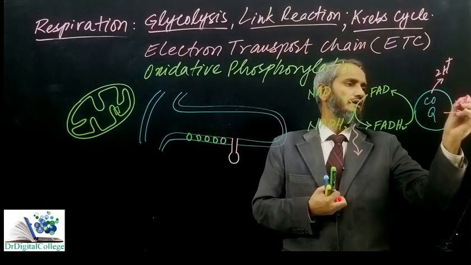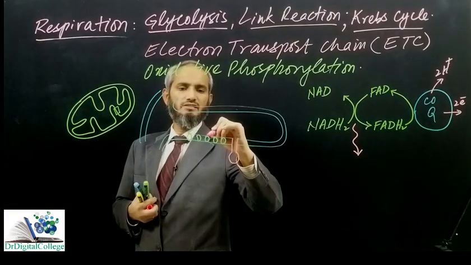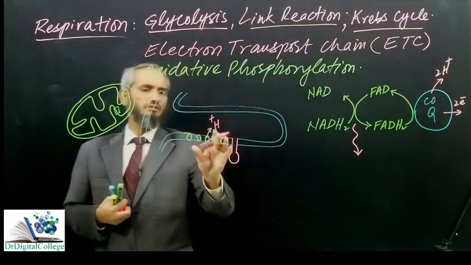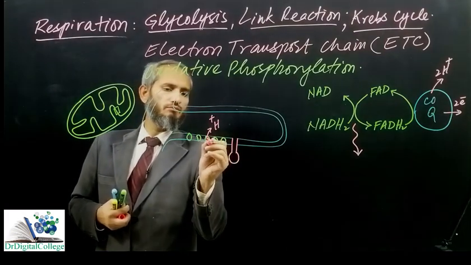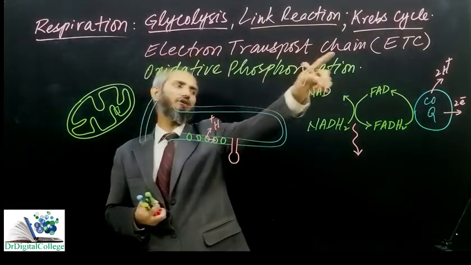Electrons and protons are separated. What happens at this stage? Protons are sent into the space between the two membranes of mitochondria, while the electrons move to the next. Now electrons are given to the electron transport chain.